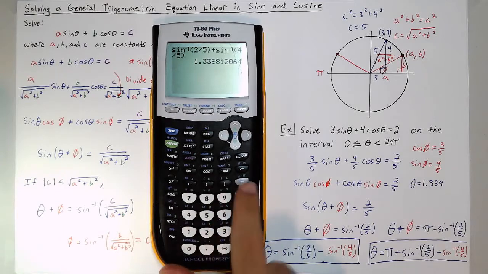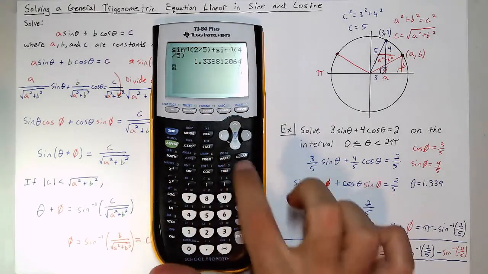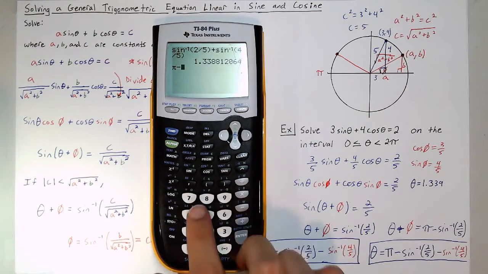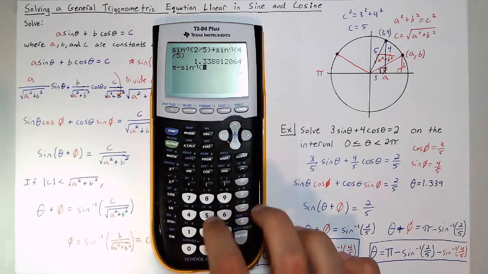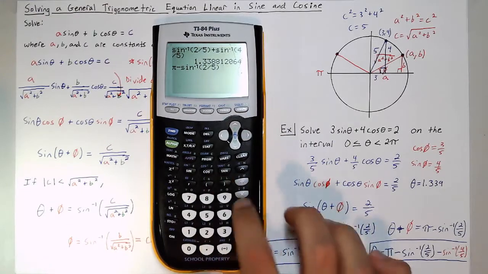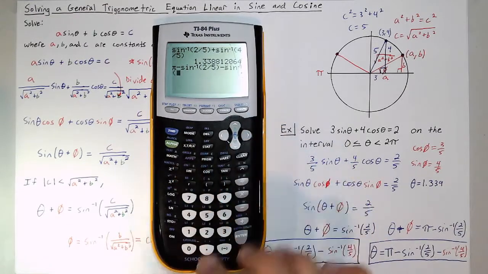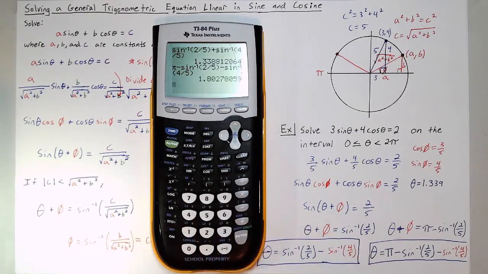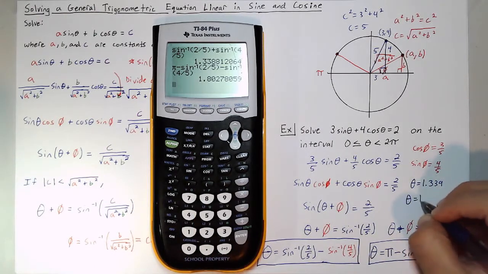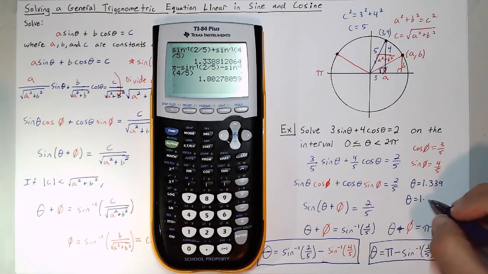And then I can do my other one to be pi minus sine inverse of 2/5 minus sine inverse of 4/5. And I'll get 1.803.